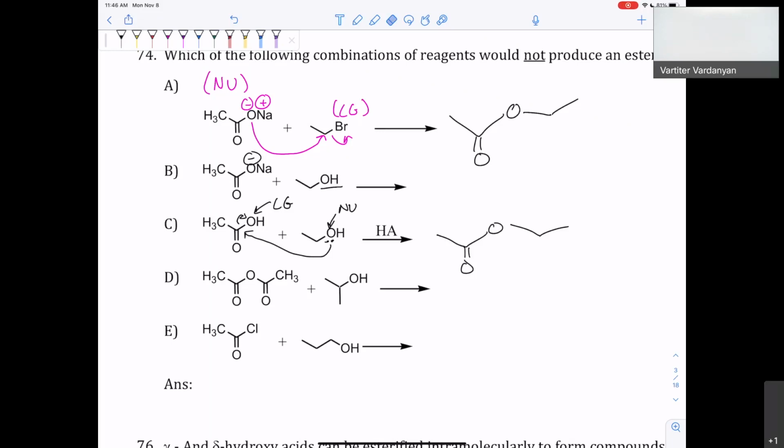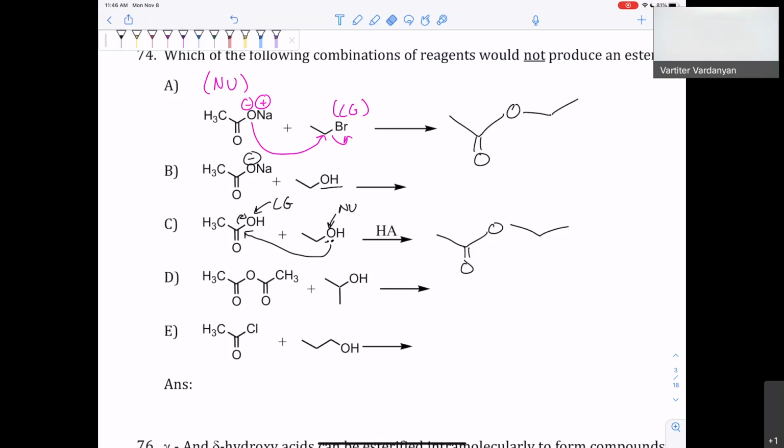I mean, it kind of could, but it doesn't really want an H to begin with. I kind of see what you mean, but it wouldn't be the best reaction.